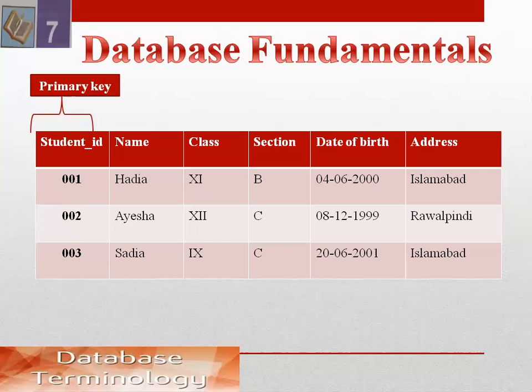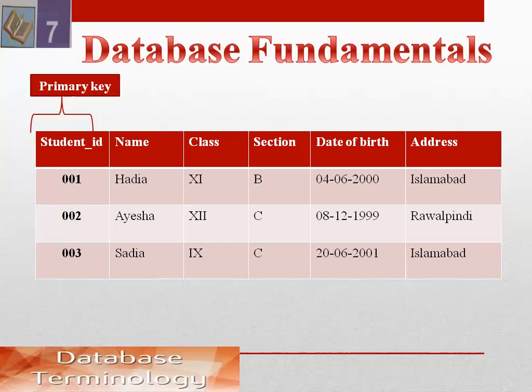The attribute name cannot uniquely identify each row because two students can have the same name. It cannot be used as a primary key. If you want to assign a primary key, you can use the student ID, student roll number, or student registration number.